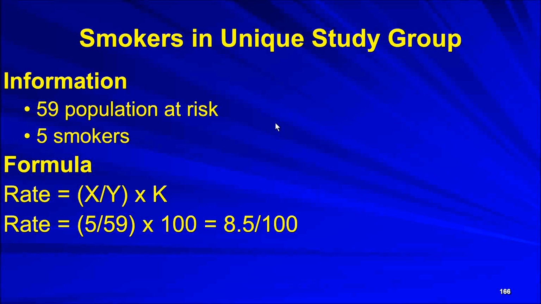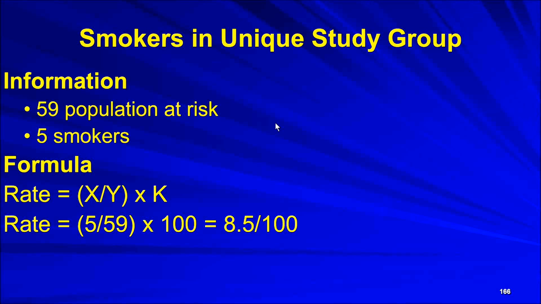So this is a rate. The numerator is related to the denominator, or the denominator is related to the numerator. And you notice the nomenclature. It's x divided by y times k to the nth power. So what we have is 5 divided by 59 times 100, because we're using 100 because that's easy to communicate to an audience, and we're going to leave it as 8.5.